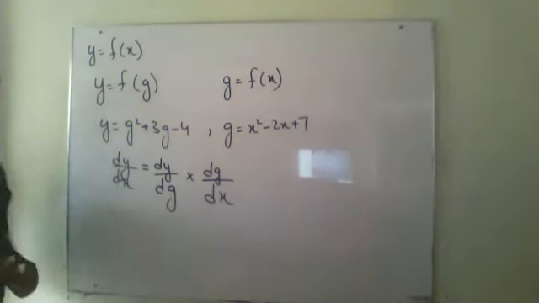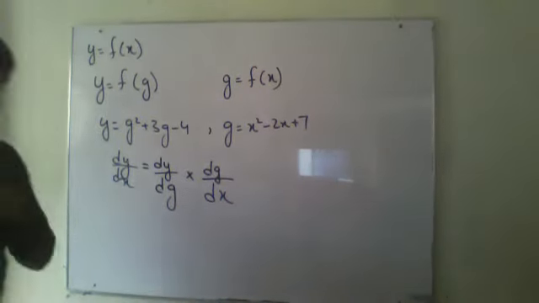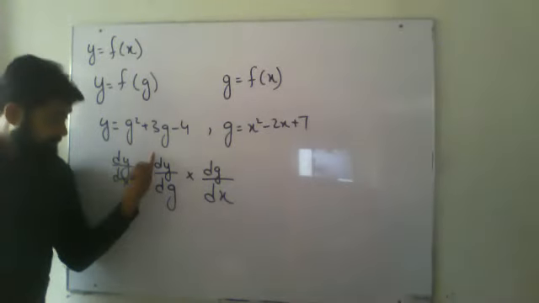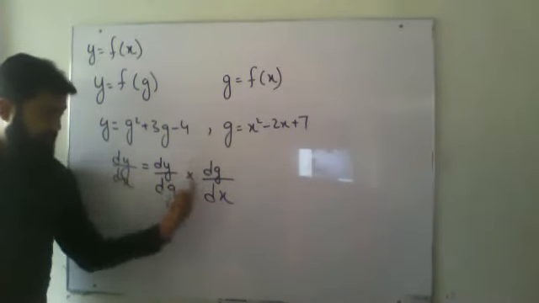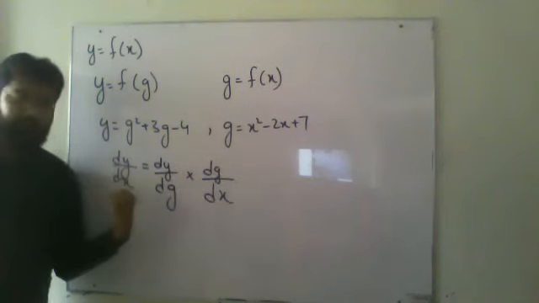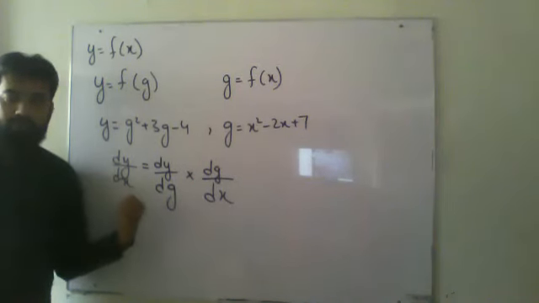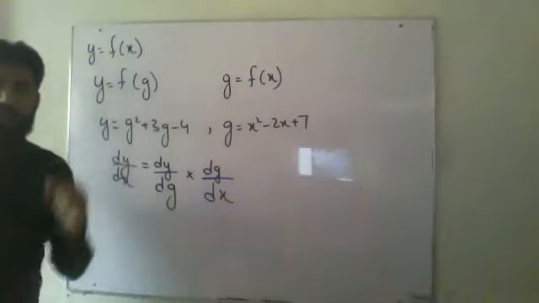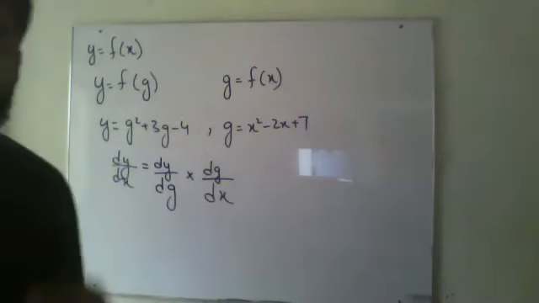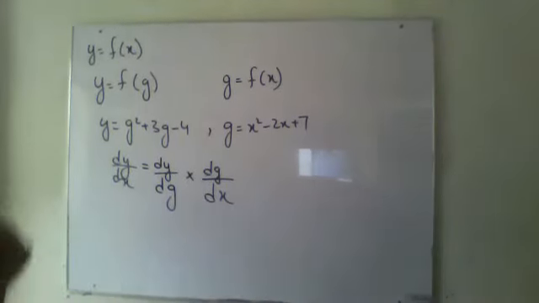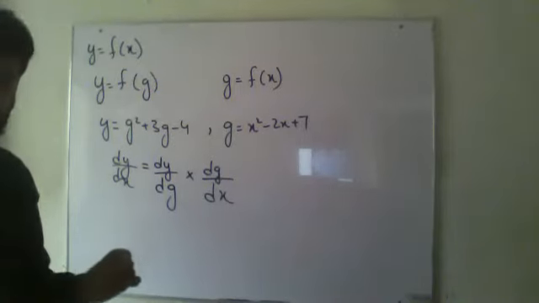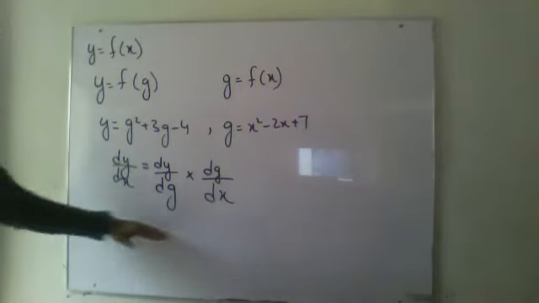This is the main concept: the product of this one with the product of this one will be equal to this thing. This is my rate of change found by the chain rule method.